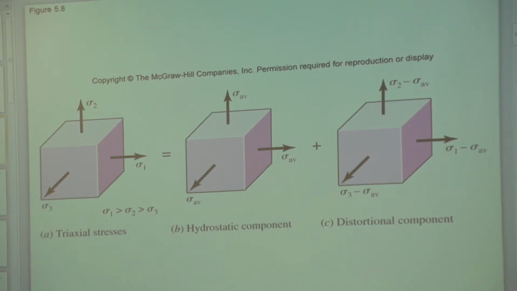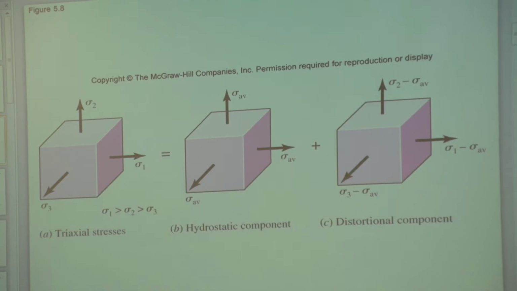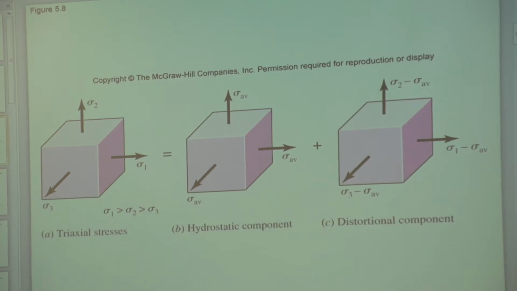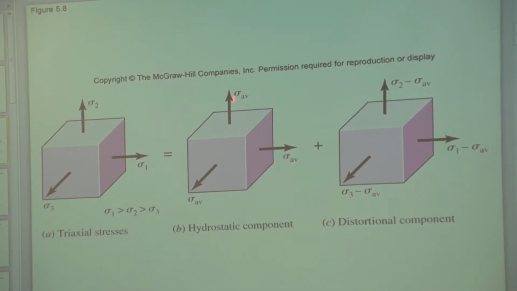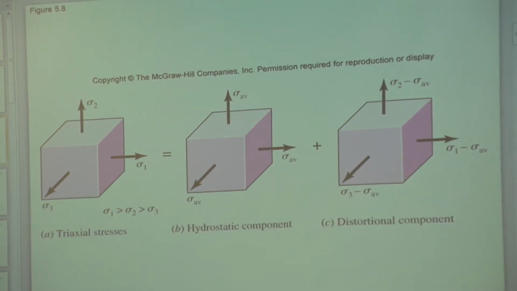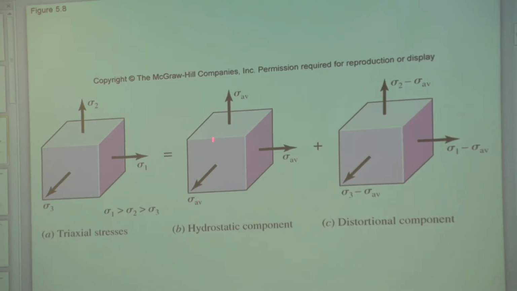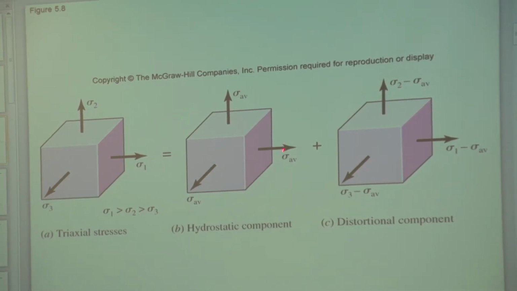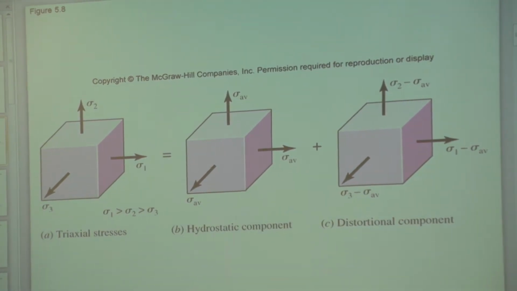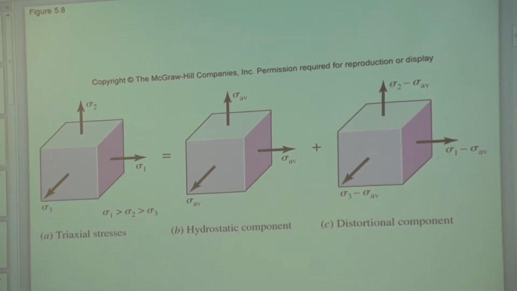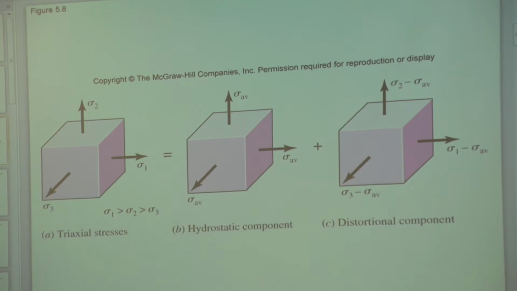Therefore, we must come up with a way to measure this or find this strain energy density. Now, as you look at this, a question should come to your mind. Although it is true that since these three stresses are equal, this part produces no shape change, only volume change, why are these all equal to sigma average? Why not all of them equal to sigma 1 or sigma 2 or sigma 3, and then we get the leftover, whatever that is?